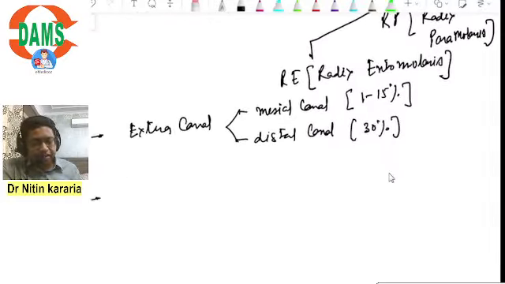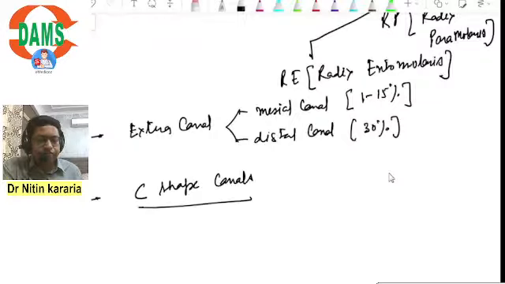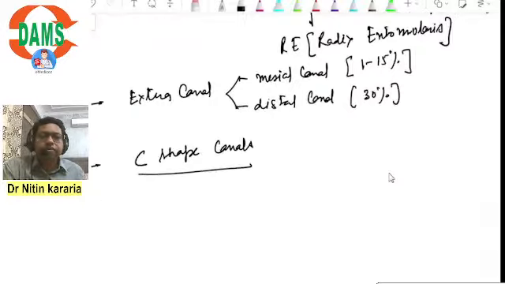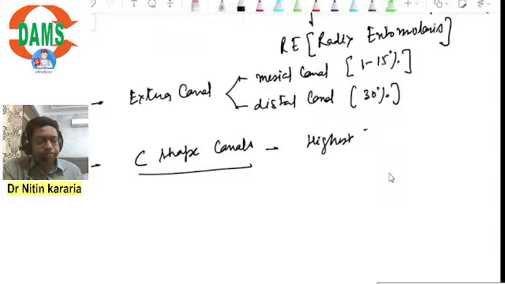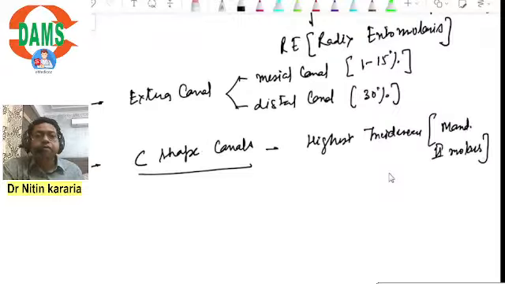Then another common variation which occurs with the mandibular teeth in the root canal anatomy is C-shaped canals. These C-shaped canals have the highest incidence with mandibular second molars.